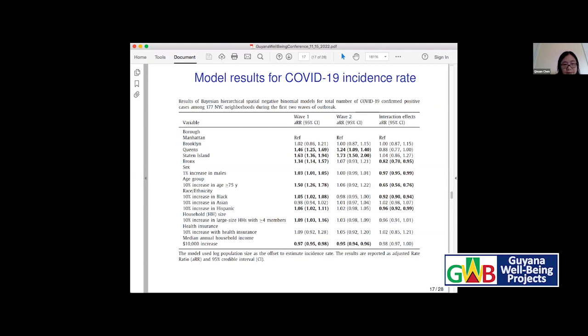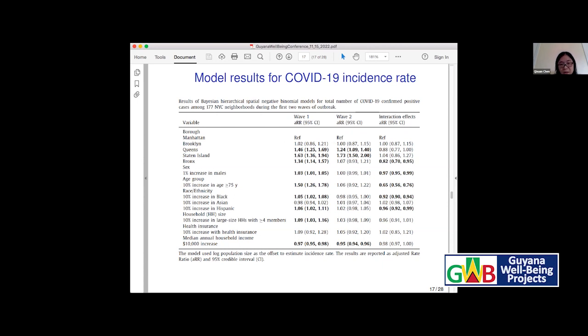Queens, Staten Island, and Bronx all have an elevated incidence rate of COVID compared to Manhattan for wave 1. But in wave 2, this elevation was only seen in Queens and Staten Island. In Queens, the rate ratio is also smaller than in wave 1.